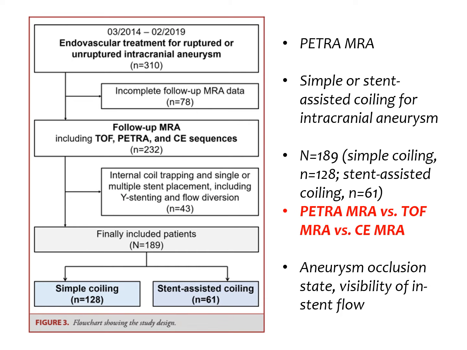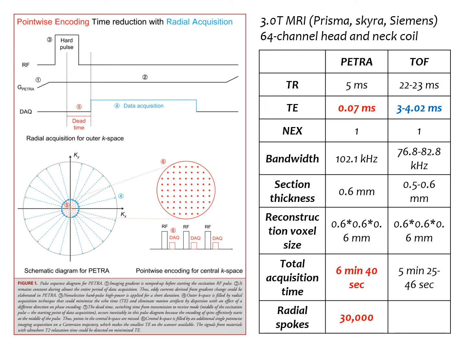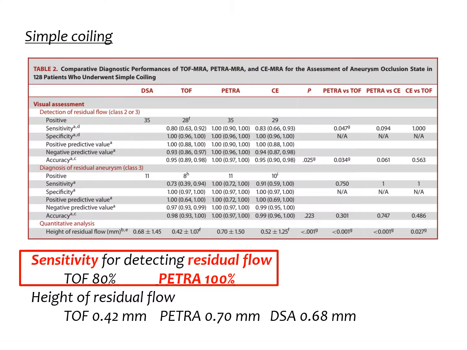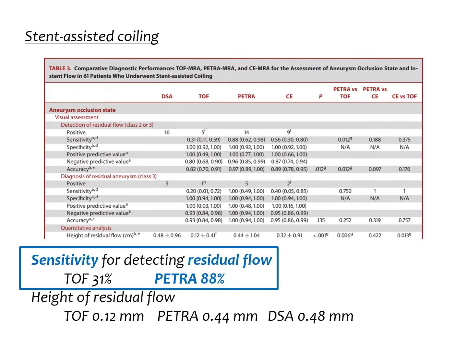We performed PETRA, TOF, and CE-MRA simultaneously for the 128 patients who underwent simple coiling and 61 patients who underwent the stent-assisted coiling. TE was 0.07 millisecond, total acquisition time was 6 minutes 40 seconds, and we used 30,000 radial spokes. In this study, sensitivity of PETRA in detection of residual flow was significantly superior to that of TOF in simple coiling and stent-assisted coiling.